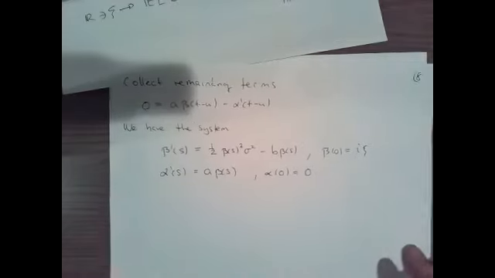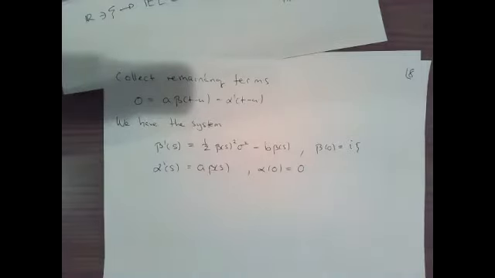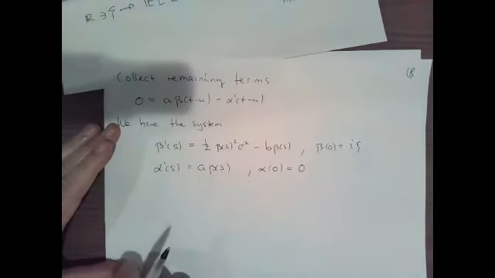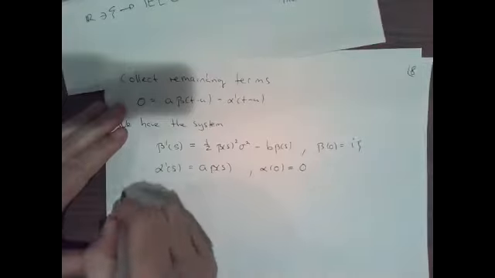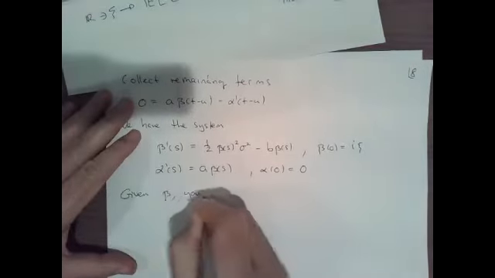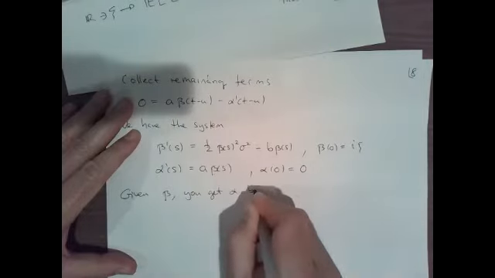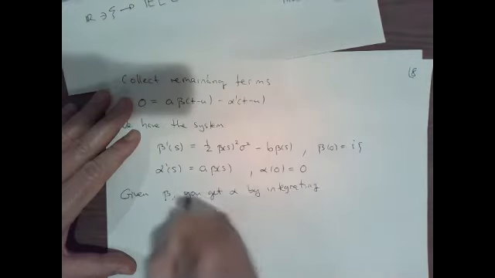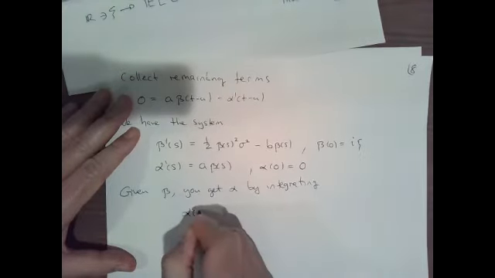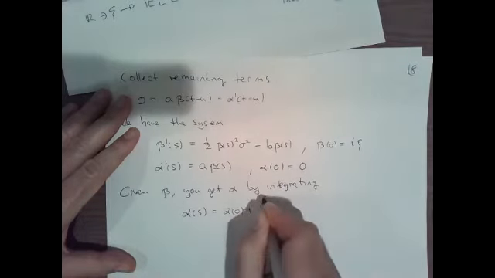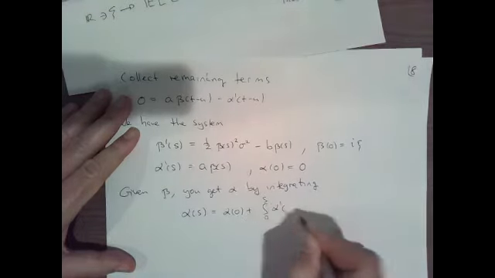So the question is, can we solve these equations? Well, as before, if you know what beta is, it's not hard to get alpha. Given beta, you get alpha by integrating. You're going to get that alpha of s is equal to the initial point plus the integral of alpha prime.